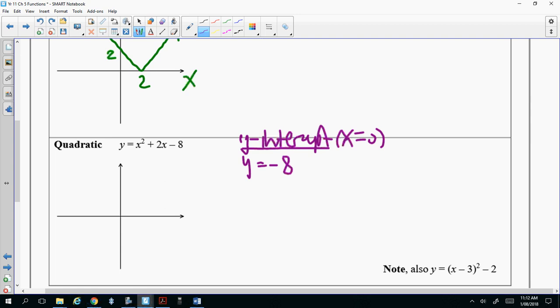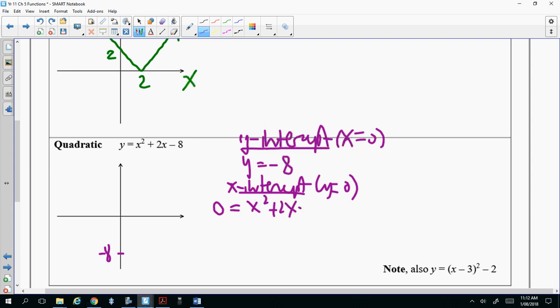That's when y is 0. That's when you go 0 equal to this. And you factorize the quadratic. So we get x minus 4, x plus 4, x minus 2 equal to 0. X equal to -4 and 2.